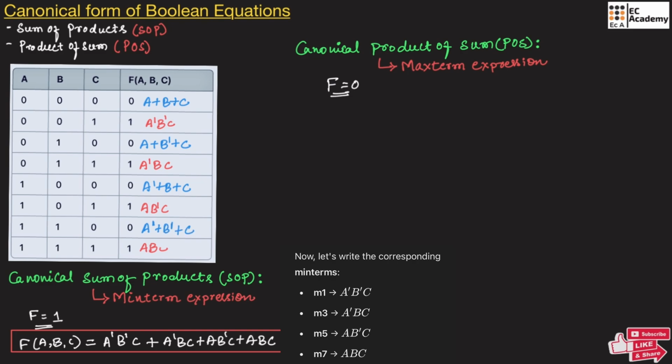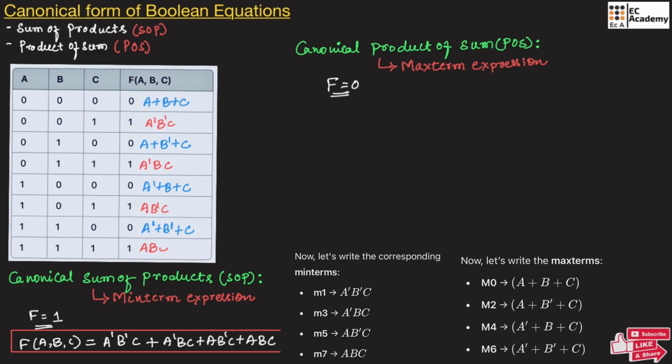Now we can use these Maxterms and perform AND operation, and we can write the expression as f of a comma b comma c will be equal to a plus b plus c into a plus b dash plus c into a dash plus b plus c into a dash plus b dash plus c.